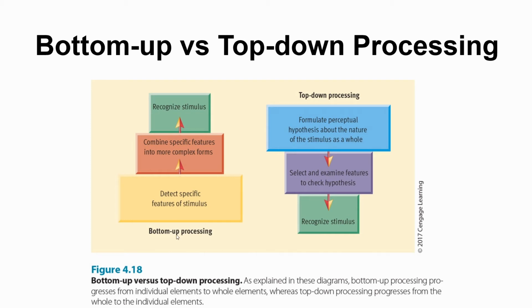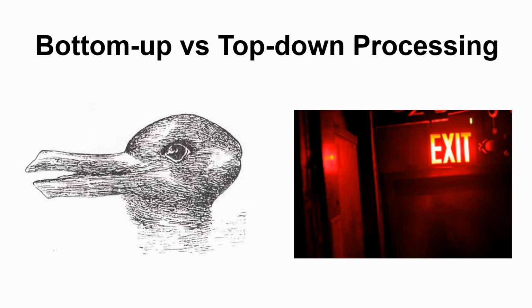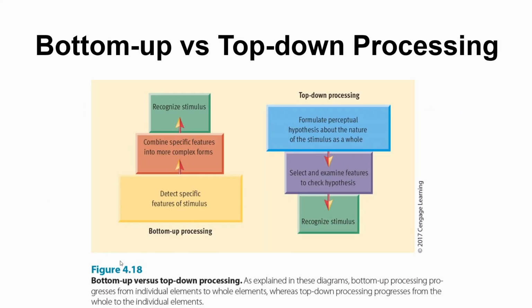With bottom-up processing, it's a lot slower, but we can be more adaptive. We can look at things that are sort of ambiguous and maybe figure out what features they are that are causing that ambiguity. With top-down processing, we might make some assumptions that aren't necessarily correct.